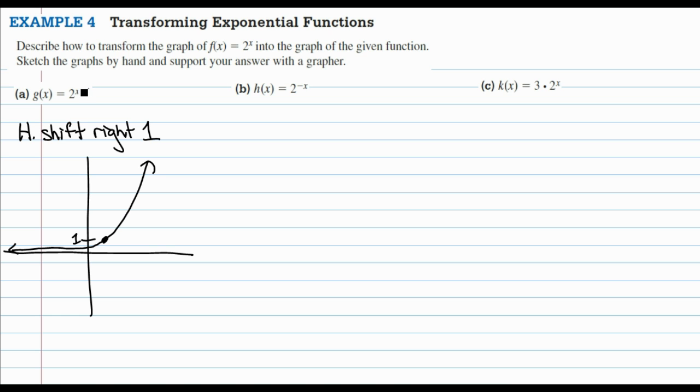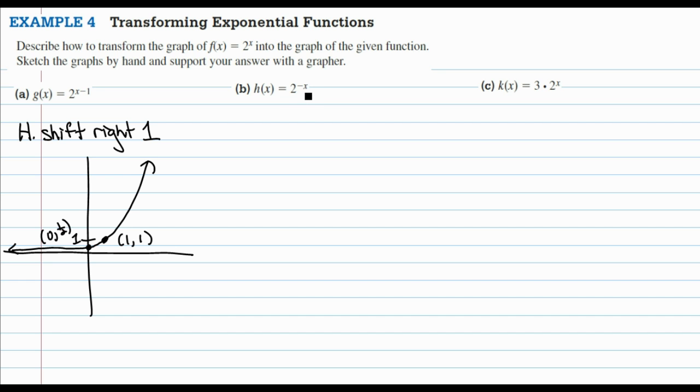Now when I plug in 0 for x, 0 minus 1 is negative 1, and 2 to the negative 1 is 1/2. And that makes sense. So there is my graph that has been horizontally shifted right 1. So I know 2 points on this, 1, 1, and 0, 1/2.